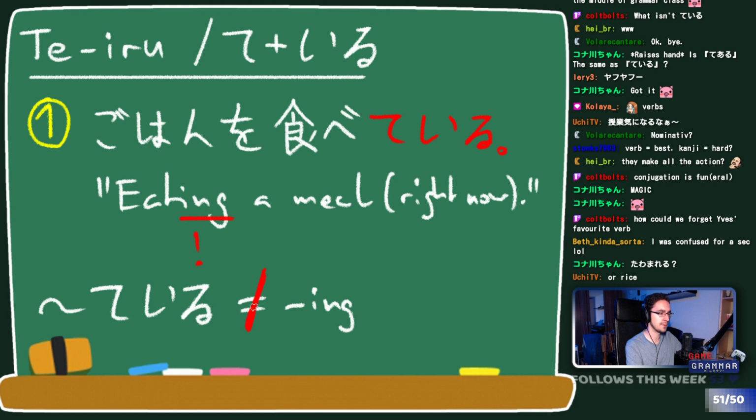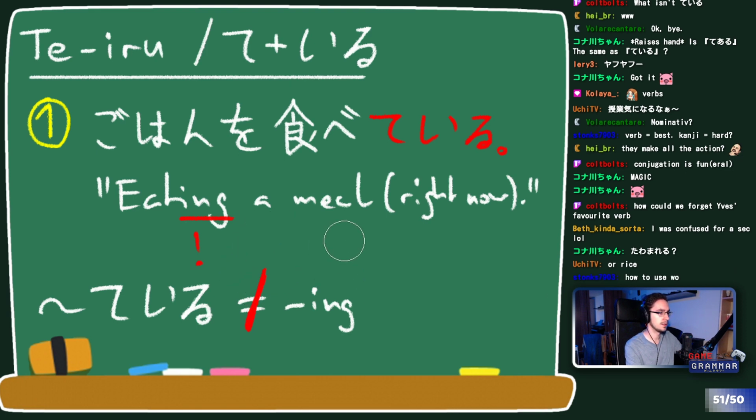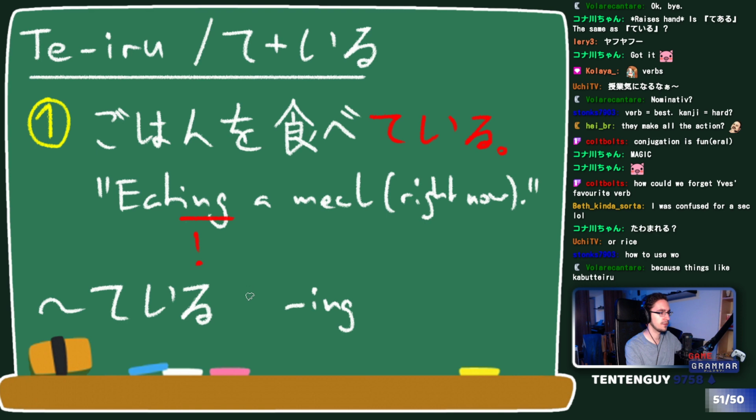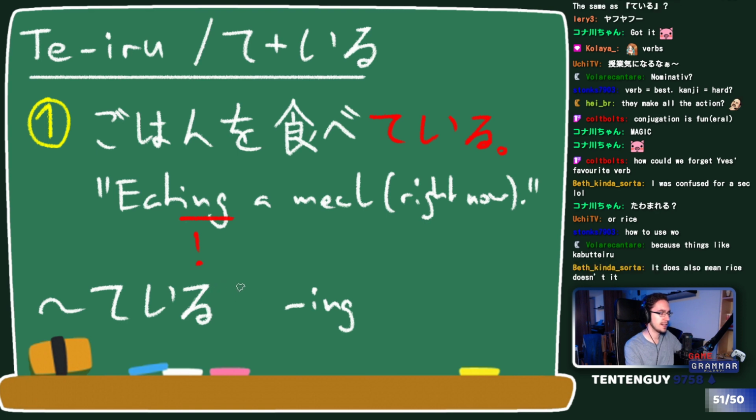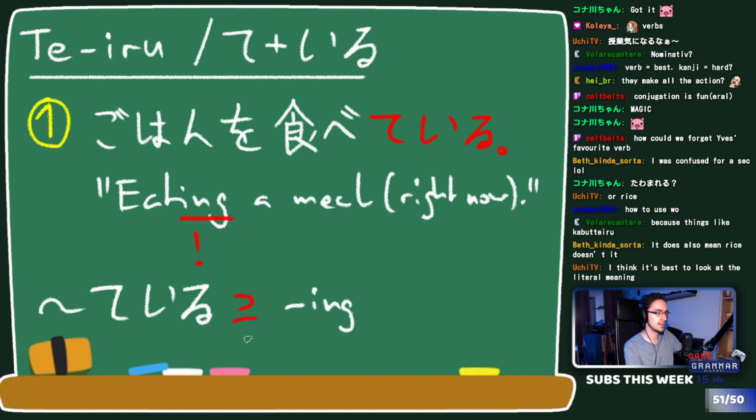I would definitely suggest you do not think of this as an equivalence at all. Why not, right? You're probably wondering, but Eve, why not? We just translated it to ing, so clearly it's the same. But no. If you're at all familiar with such notation, I would merely say that ing happens to be sort of a subset of what is possible with te-iru.